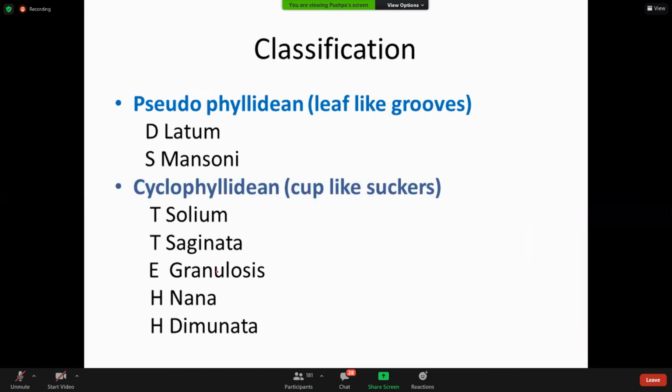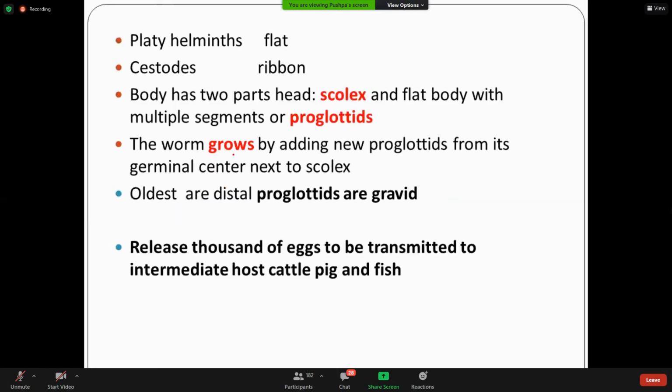These parasites have cup-like suckers: Taenia solium, Taenia saginata, Echinococcus granulosus, Hymenolepis nana, and diminuta. We are not discussing each one by one. Only the groups will be taken up. Okay, so a general introduction about these flatworms or platyhelminths.